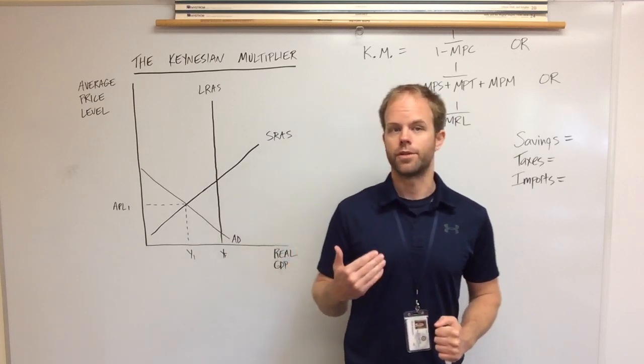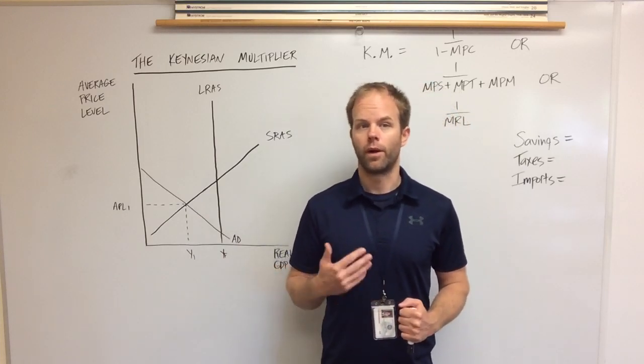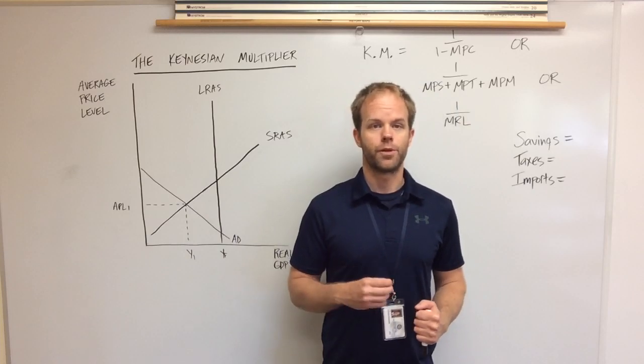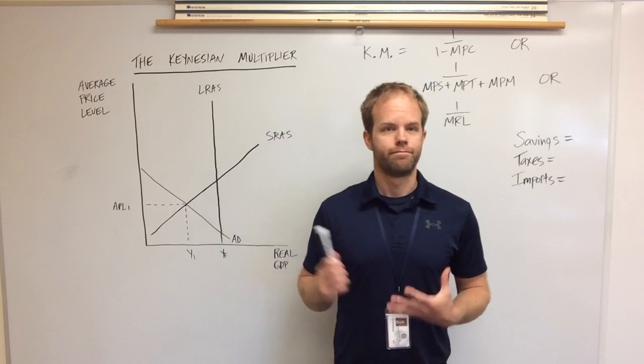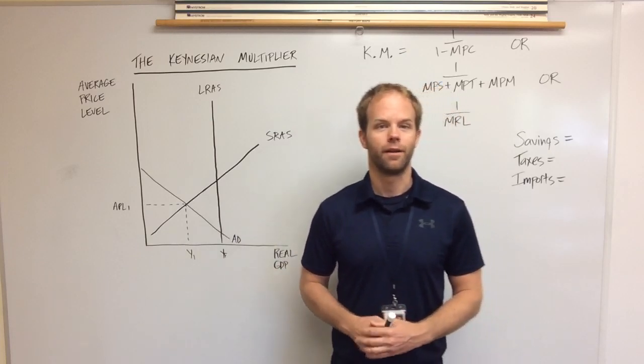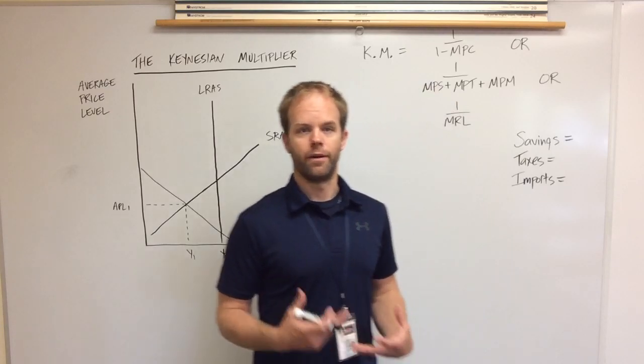So if we have an increase in spending by $1, the increase in GDP will be greater than $1 because portions of that dollar will get re-spent. The mathematical function of multiplying things, that's what we're going to do with this number. So that's the Keynesian multiplier.